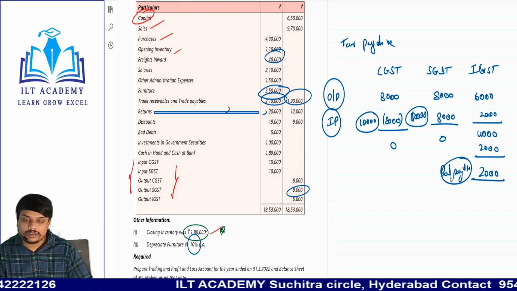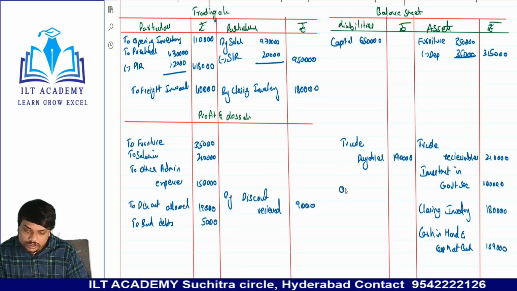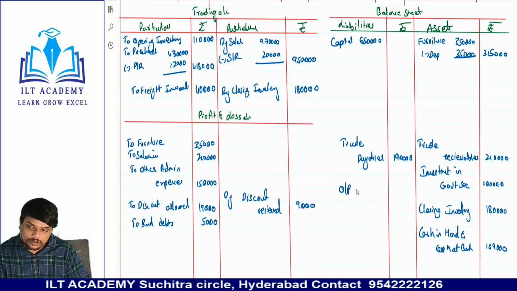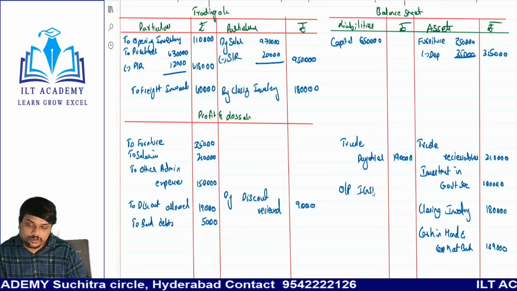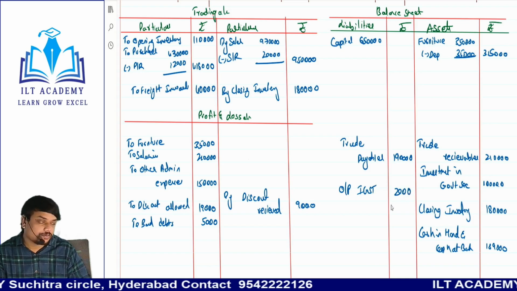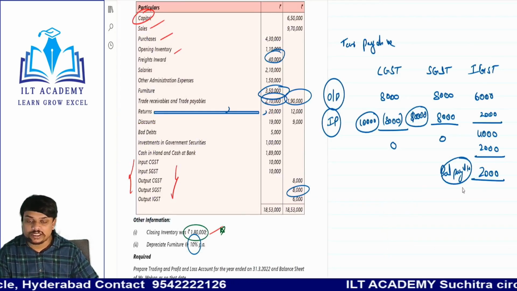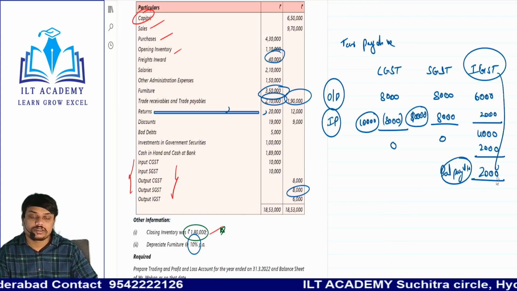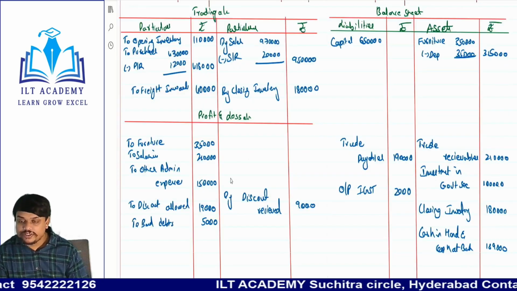Yes, it will come in liability. Output IGST 2,000. Got it? Output IGST to be payable is how much? There is a balance in IGST. Clear? Still output balance exists. With this the sum is done.